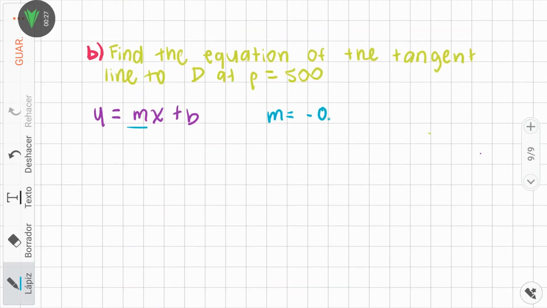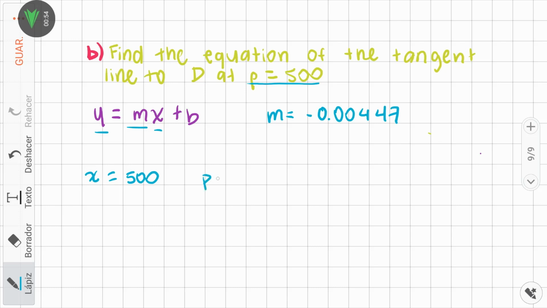So let's copy that. And you need point y and point x. Point x, the problem already gives it to you, which is 500. And I know here it looks for point P, but it's just the way it is written or the way that it is expressed in this problem, okay? So that will be your point x, which is 500.